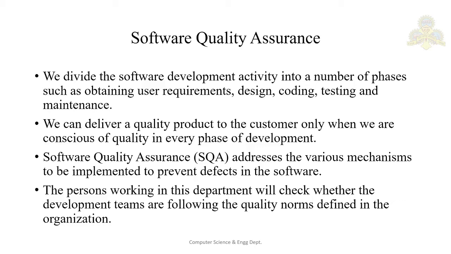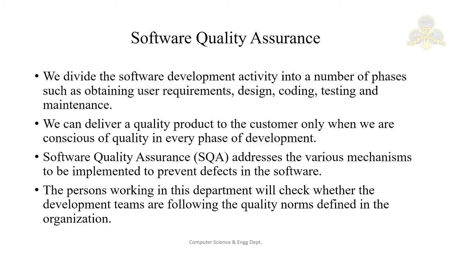So this quality consciousness should be there in each and every person who is associated with the project. Maybe he is the CEO, he is the manager, or he is the developer. All the people who are associated with the project, from your CEO till the programmers, they should be quality conscious.